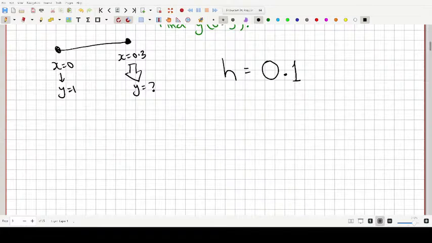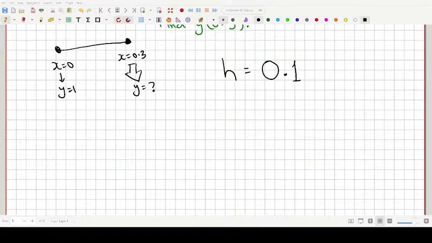Someone might ask, sir, why do we take 0.1? We can also take 0.01. But if we take 0.01, of course the accuracy will be more, but a lot of steps have to be covered. Since we are doing this with pen and paper, I think 0.1 is a decent way to go.